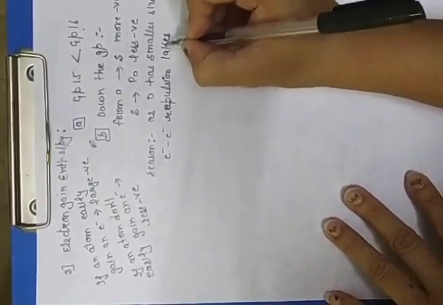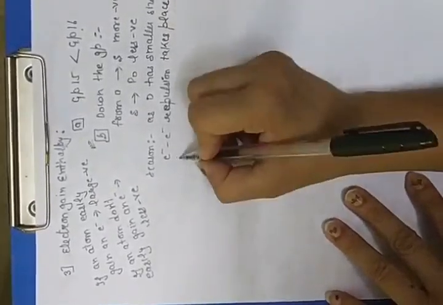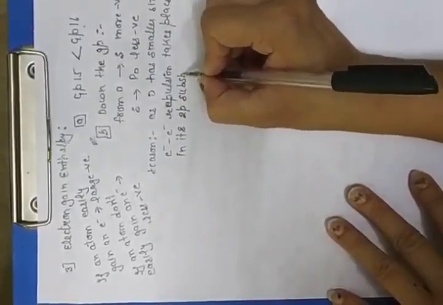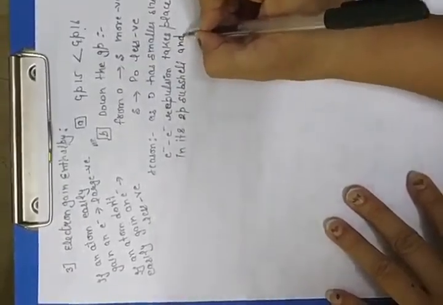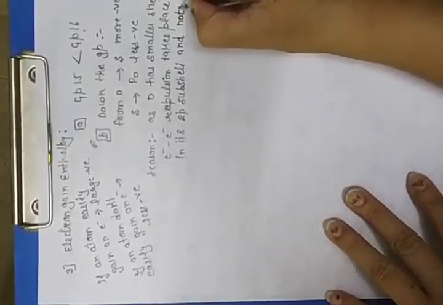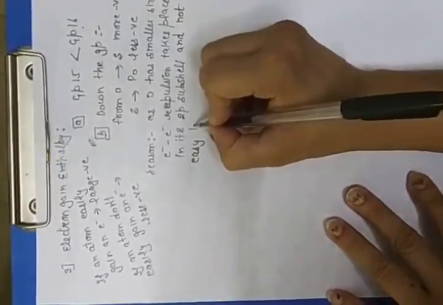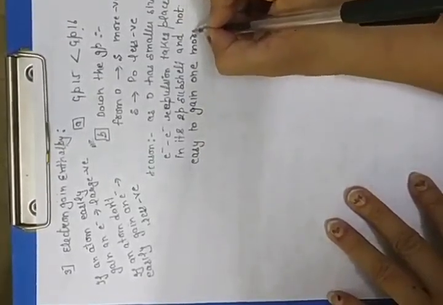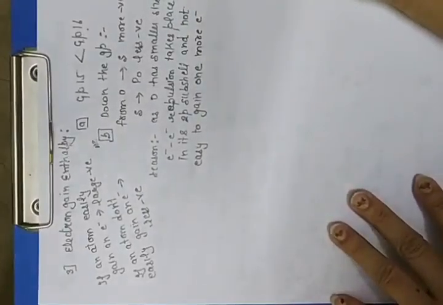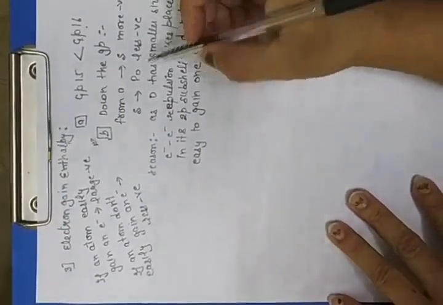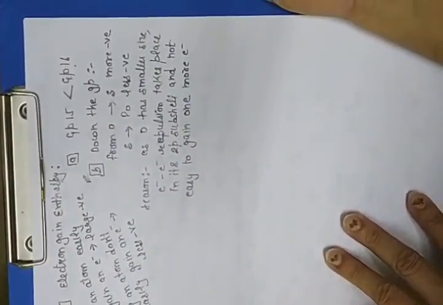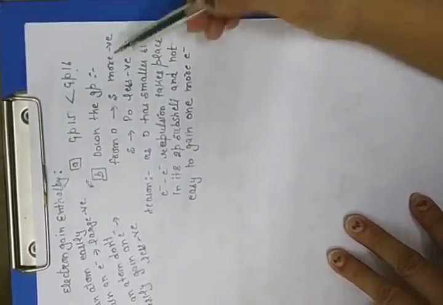takes place in its 2p subshell. Hence, it is not easy to gain one more electron, which is not the case for sulfur, as the size of sulfur is large in comparison to oxygen.